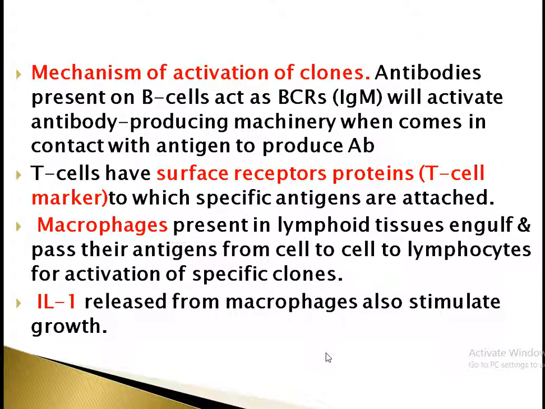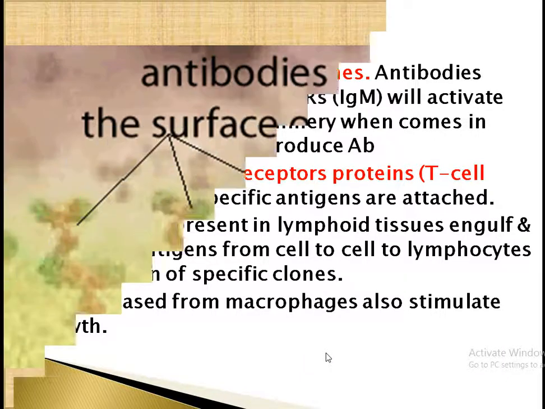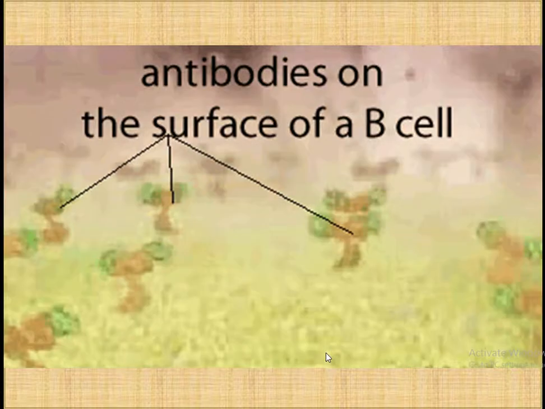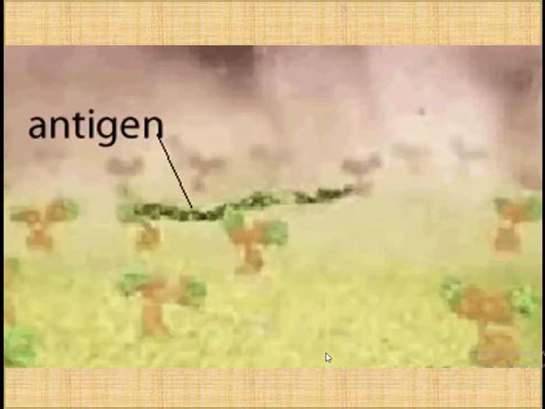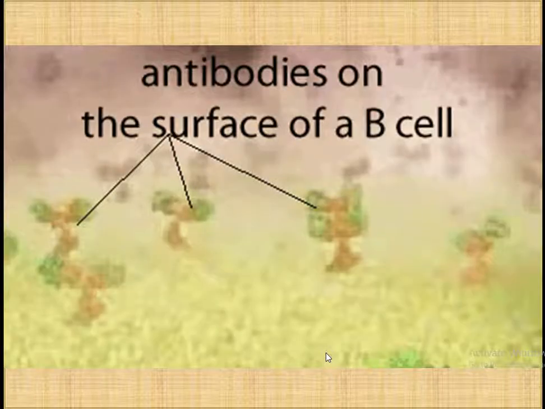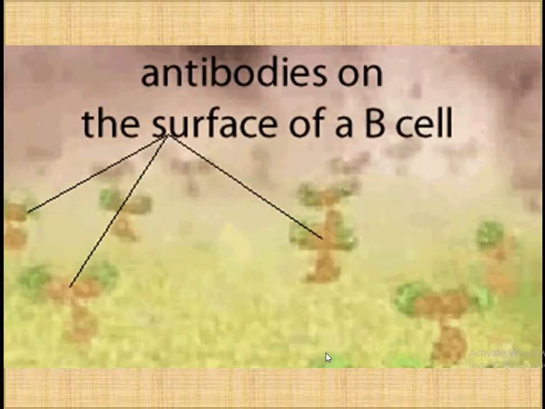Mechanism of activation of clones. Antibodies present on B lymphocytes act as BCR. IgM will activate the antibody producing machinery when it comes in contact with antigen to produce antibodies, and I have told you already. Through this animation, I want to show you how the B lymphocytes have antibodies over them and how it reacts with antigen.